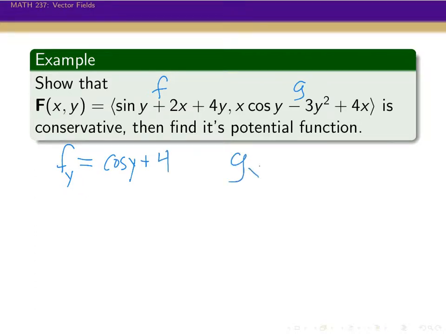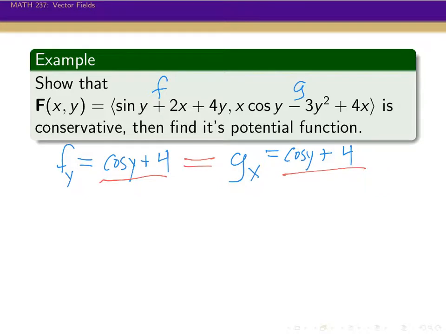My partial of g in terms of x: the derivative of x cosine y, the x goes away, I'm left with cosine y, minus 3y squared goes away, and then the plus 4x, take the derivative in terms of x, gives me 4. So both of these give me cosine of y plus 4, cosine of y plus 4. These match, and so we know this is conservative. So this passed the conservative field test.